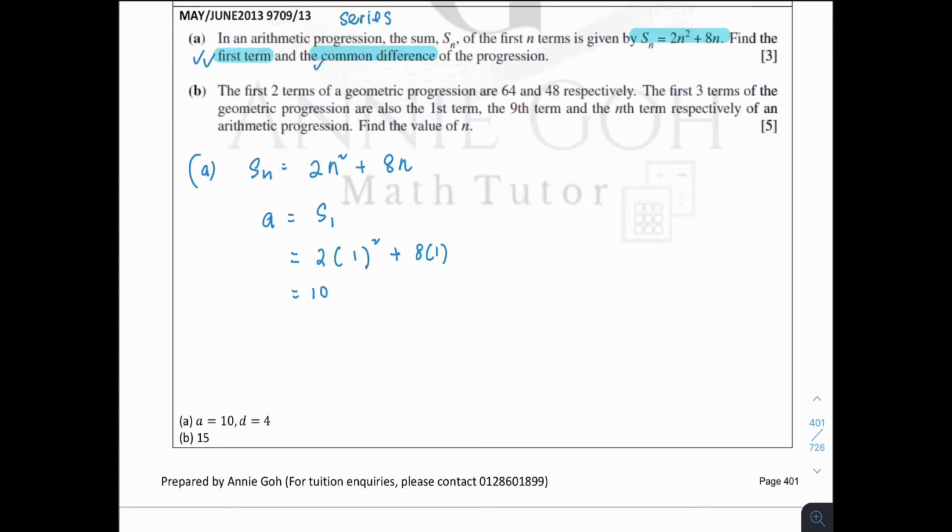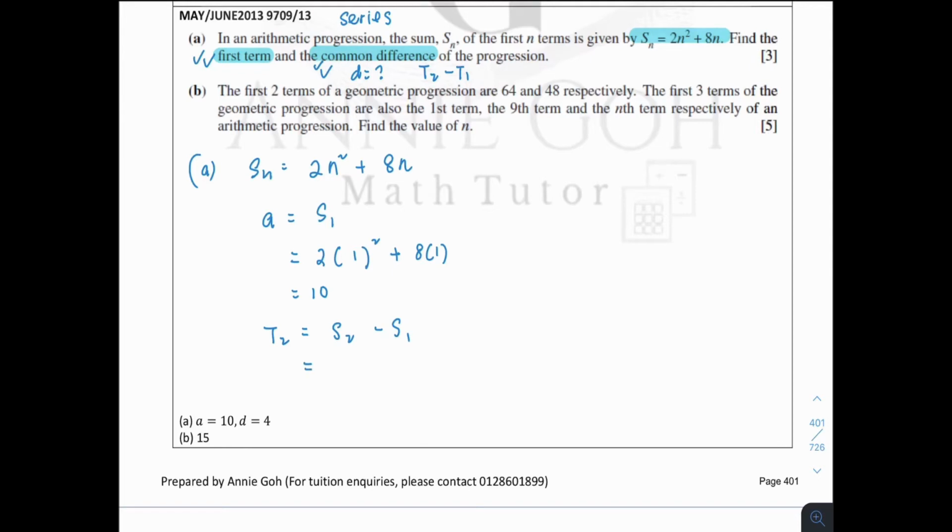And for the second part, how to find the common difference, d? To find the common difference, we need the second term minus the first term. How do we find the second term when you are given the Sn? The second term is actually equal to S2 minus S1, because the sum of two terms minus the first term is equal to the second term.